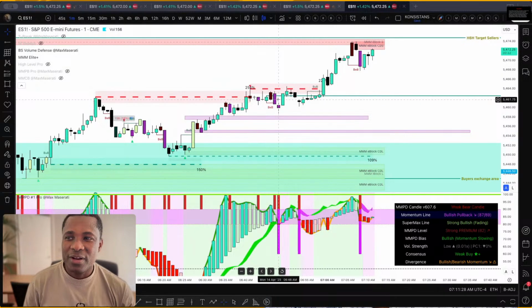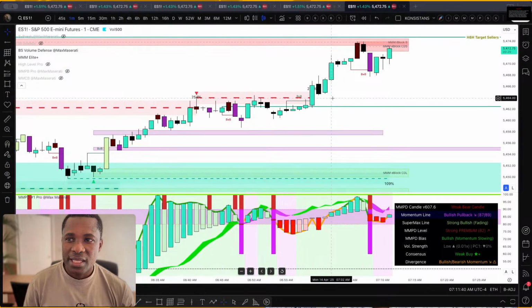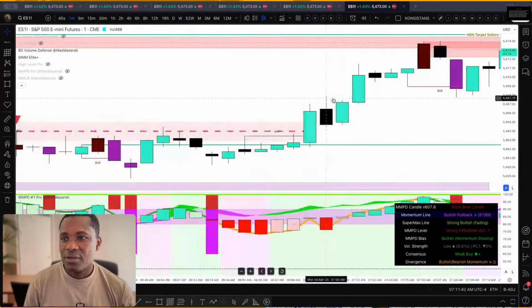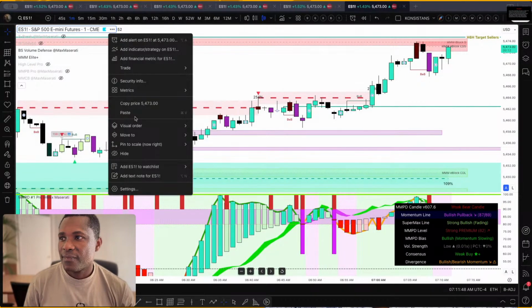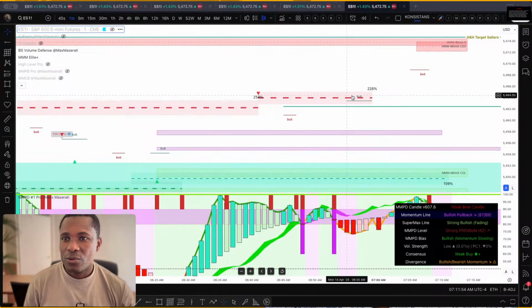I could have seen that way before because this candle behaved like it's supposed to behave. They shorted here. So this candle was the boss that crushed this area. No, no, not 254. So 200, really, 228 here, 228.